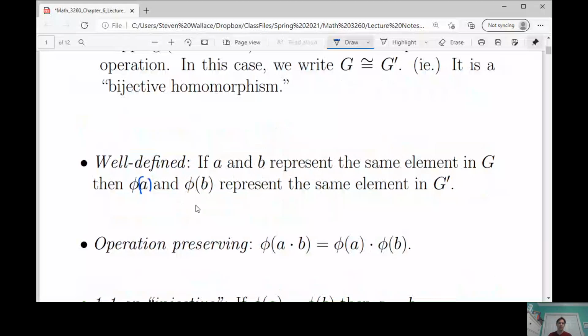So, for instance, if A is 5 and B is 1, and these are all mod 4, so these are numbers, right? But they are also elements in the integers modulo 4, let's say.